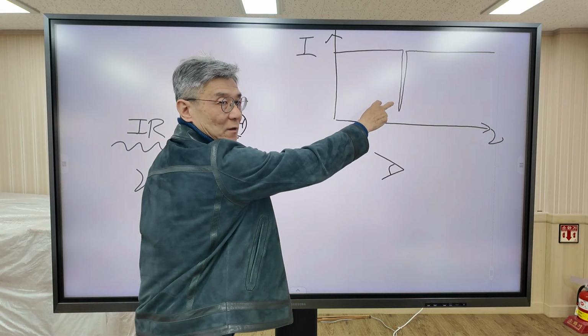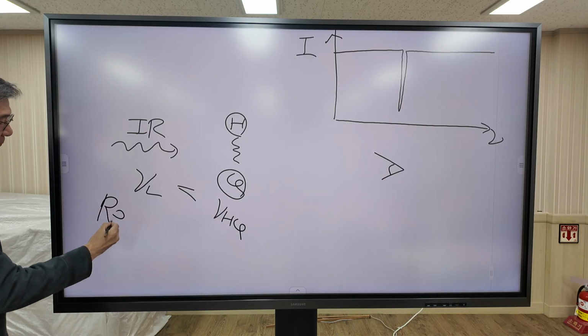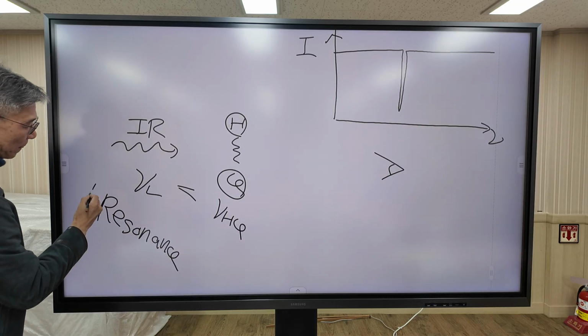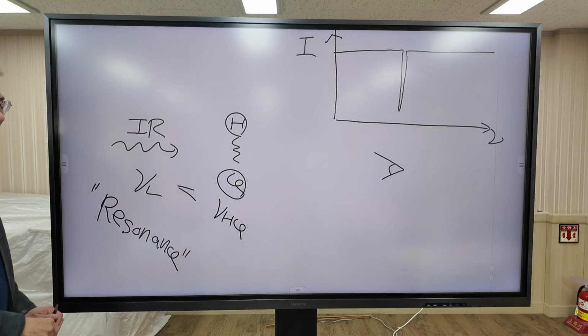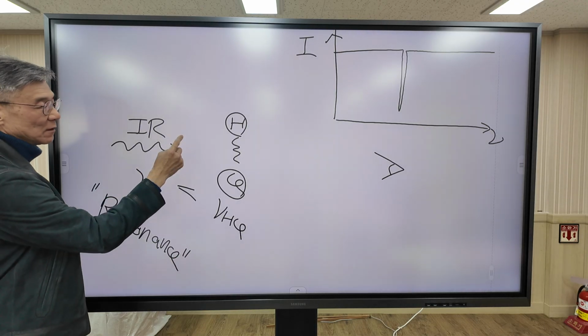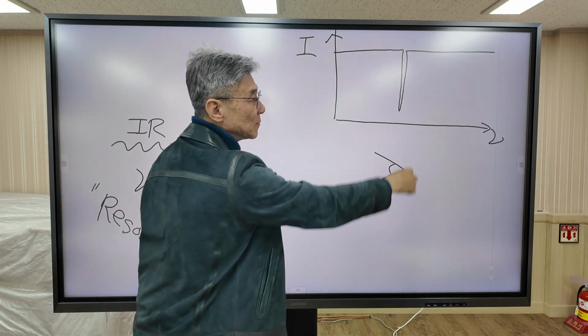Strong absorption occurs. This phenomenon is called resonance. When resonance occurs, the energy of light is effectively transferred to the molecule. So the intensity of light is suddenly decreased.